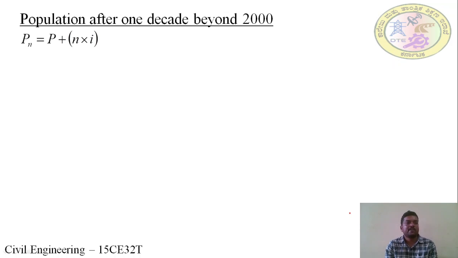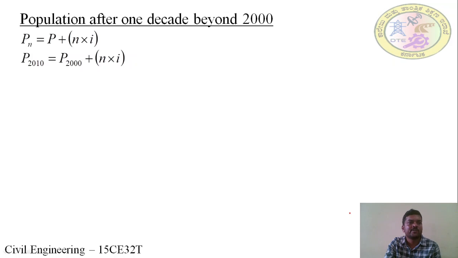The formula or expression used for the arithmetic increase method is Pn = P + n×i. Here Pn is the required population year, that is 2010, the population for which we are finding, and P is the known population.